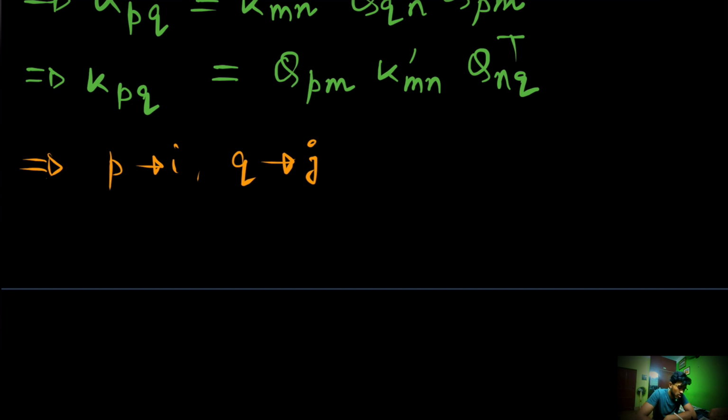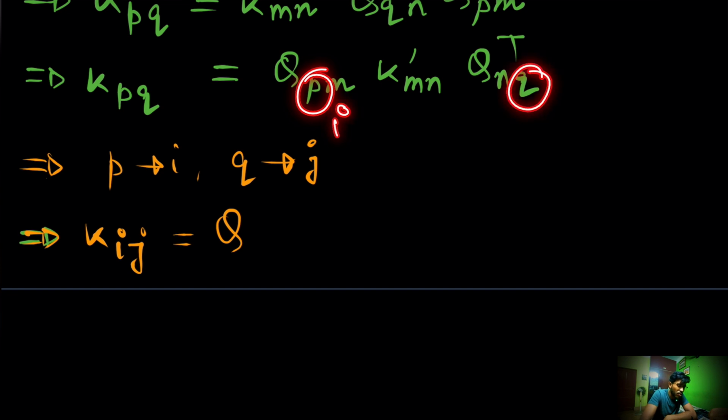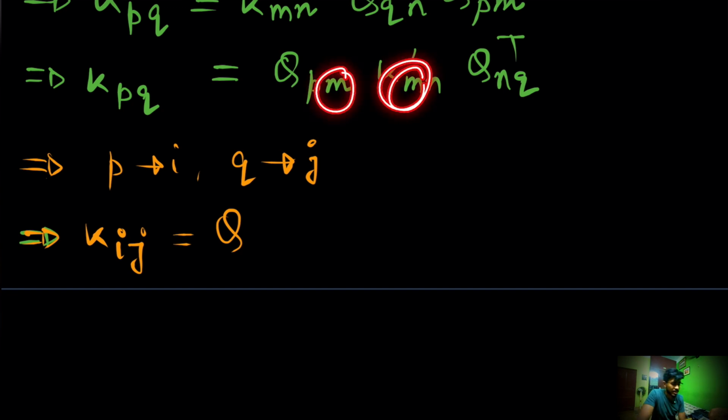So I will be writing the changed equation, that is Ij is equal to Q. Instead of this P also I have to write I, and instead of this Q also I have to write J. Now Qi. Now this M is a dummy index, as well as this N, so instead of this M I can write anything.